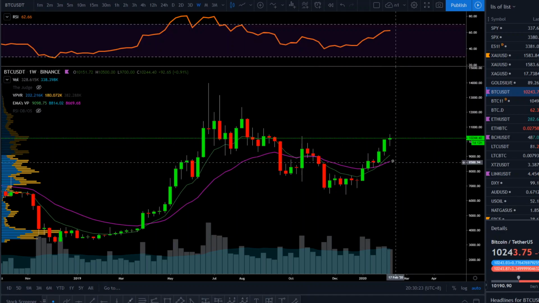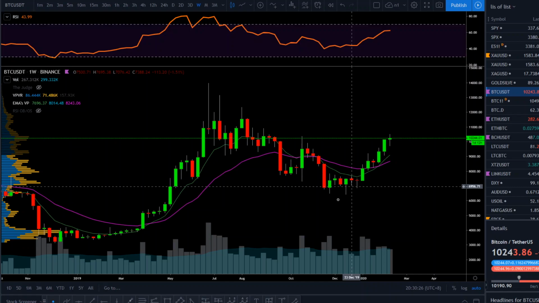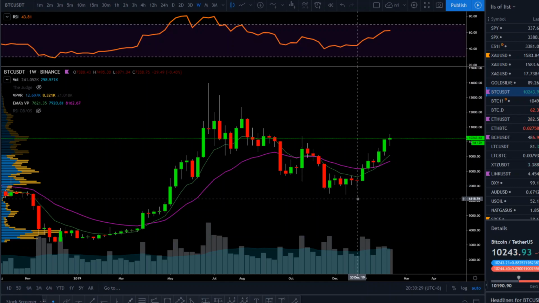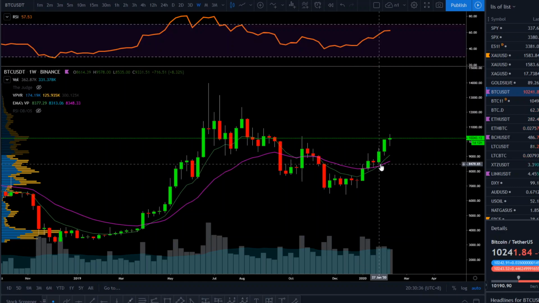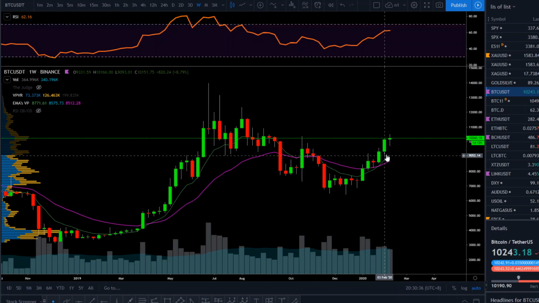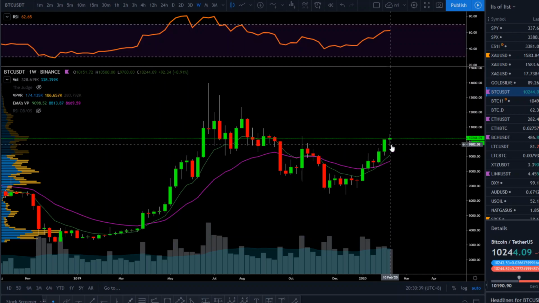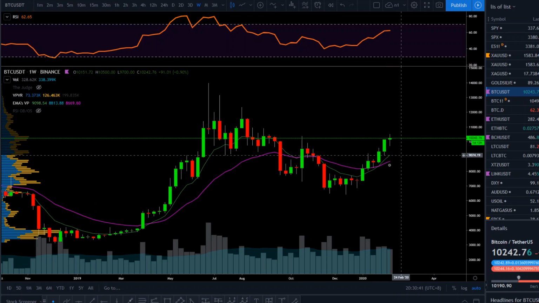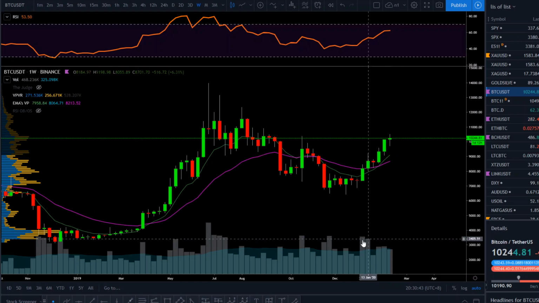You know, we haven't really had a higher low since this point here, which was 6871. We've just been setting a higher high every single week, so we need to eventually come down and set a higher low. But this bull has been strong. Look at this volume here.